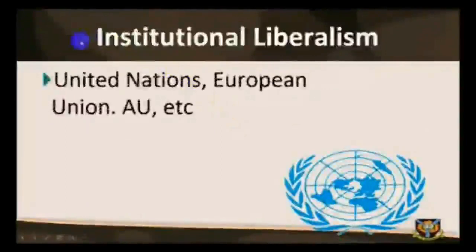Institutional liberalism. This strand of liberalism claims that international institutions can make cooperation among various actors in the international system easier and far more likely.